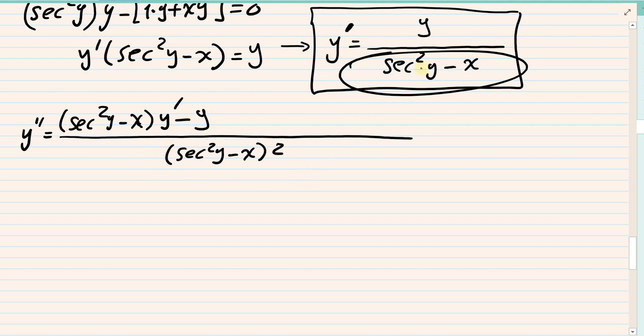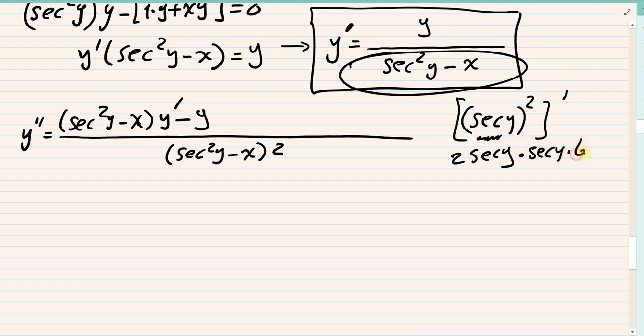So the derivative of secant squared y. Now secant squared y, that's secant of y, quantity squared. So we do have an outside function, which is not the power function, but a function to a power, because power functions are in a different form. The derivative of this itself is just 2 secant y, right? And then the derivative of the inside is going to be secant tan.